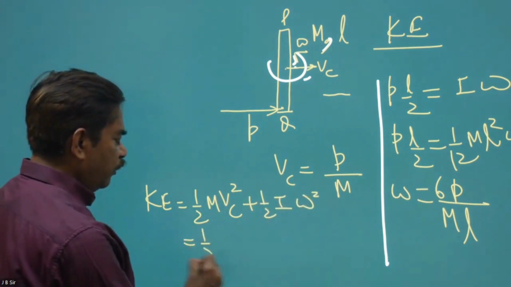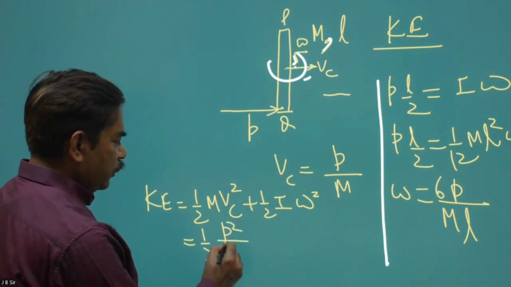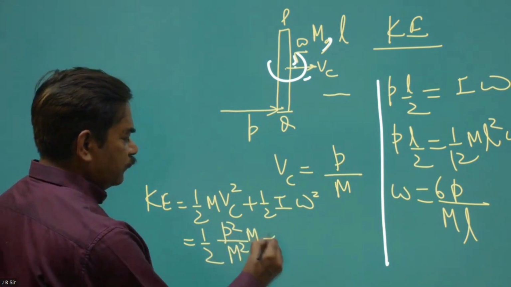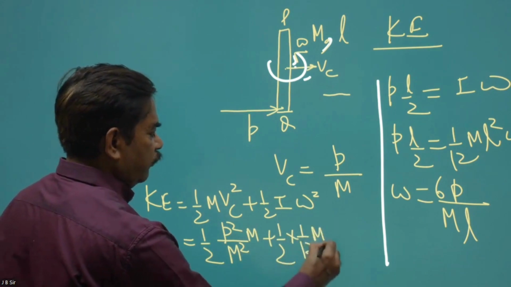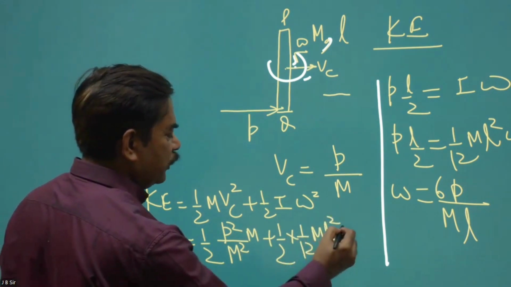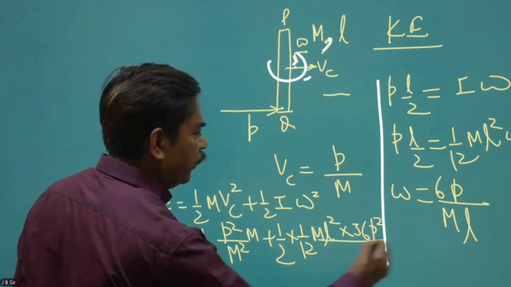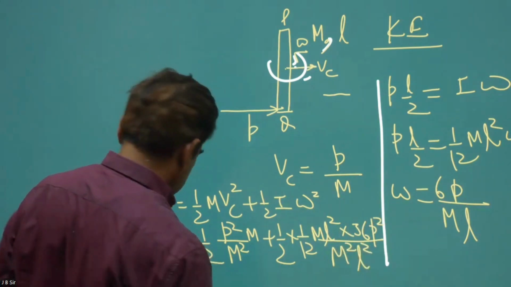Half m Vc square is P square by m square into m, plus half I, which is 1 by 12 mL square, into omega square, which is 36 P square divided by m square L square.